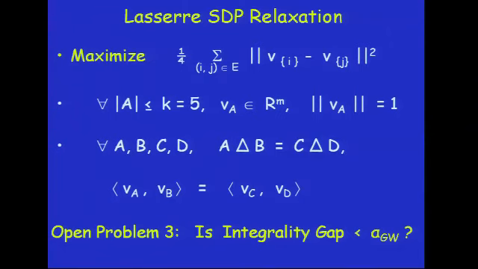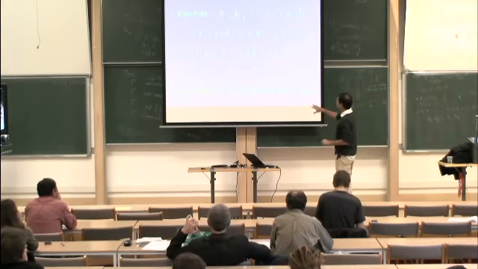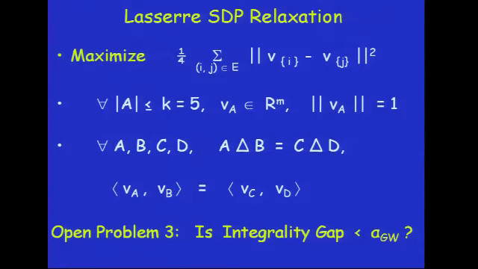And for just that triangle inequality constraint, and even some additional constraints known as Sherali-Adams constraints, it's actually possible to prove that the integrality gap still stays exactly at alpha sub GW. Results of this kind have an equivalent formulation in terms of non-embeddability results.